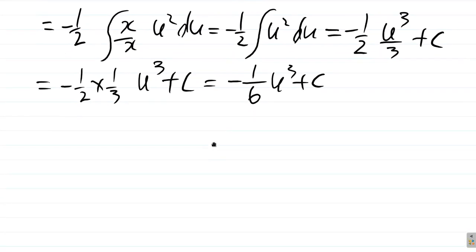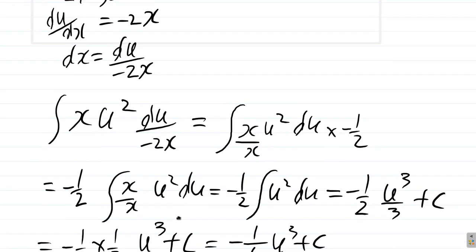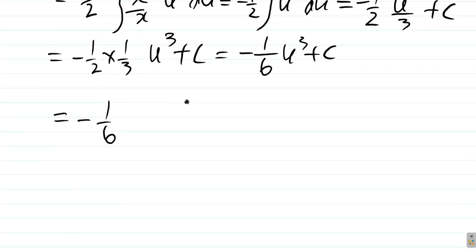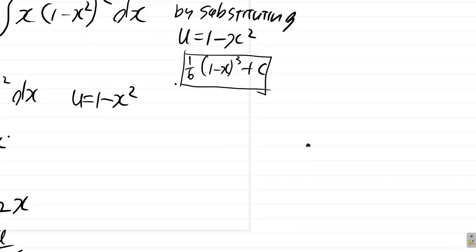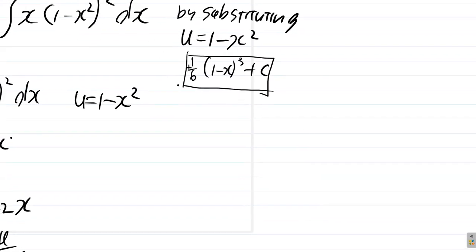We need to write the final solution in terms of x, not u, because u wasn't there in the given question. So this is negative 1/6. u was 1 minus x squared, so we change u back to (1 minus x squared) to the power of 3 plus c. Alright. Was that what I got? Oh, the negative.